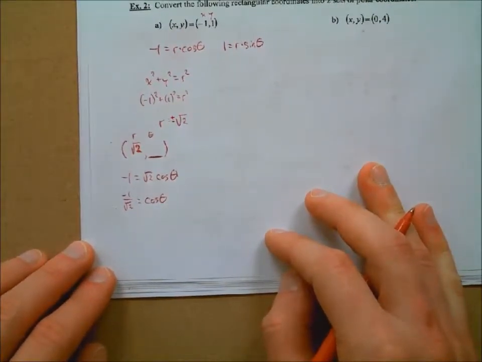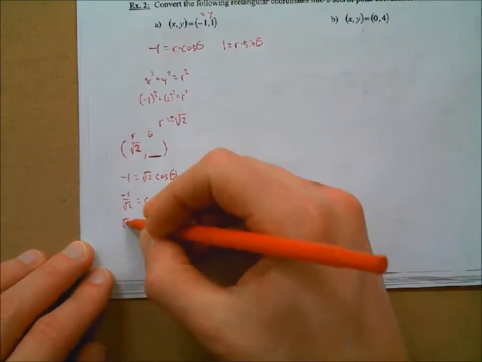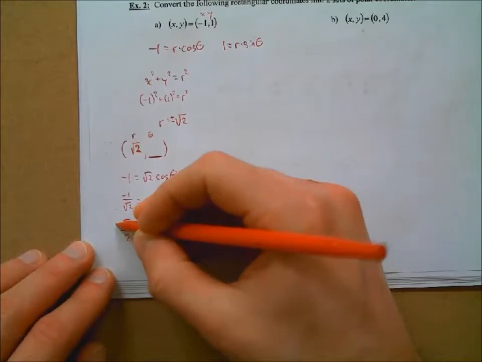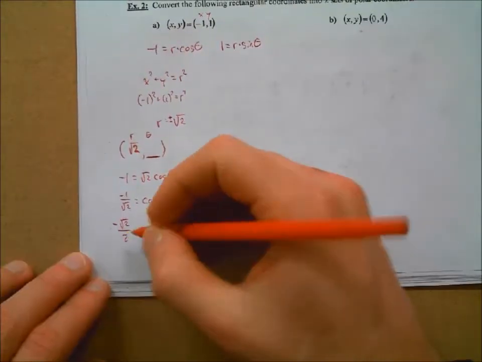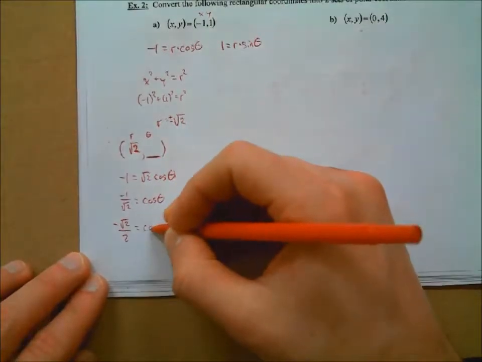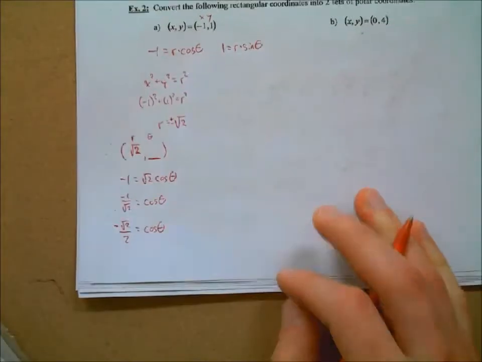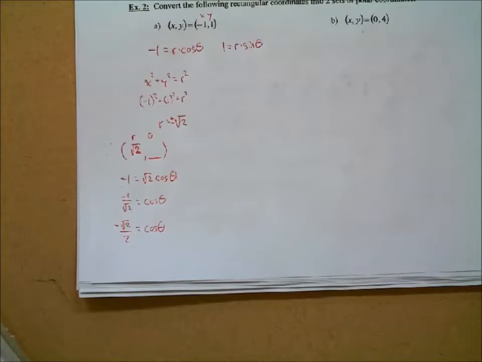Negative 1 over the square root of 2 is the same thing as negative root 2 over 2 when you rationalize it there. That might help you to recognize that that's really negative root 2 over 2. Okay. Cosine of what angles theta give you negative root 2 over 2?